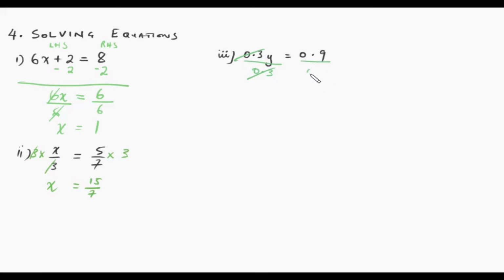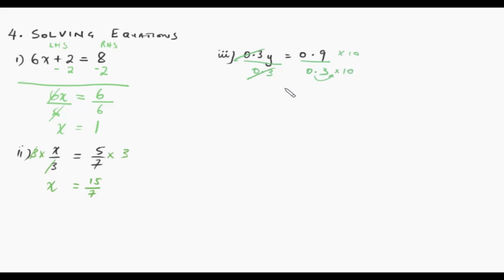Then I will divide by 0.3 to balance. Okay, so we have 0.9 divided by 0.3. So dividing by decimal number is difficult, so let's multiply by 10 to make it 3 to move this point here. So we'll multiply by 10 to balance.